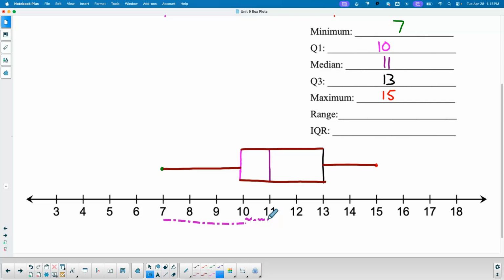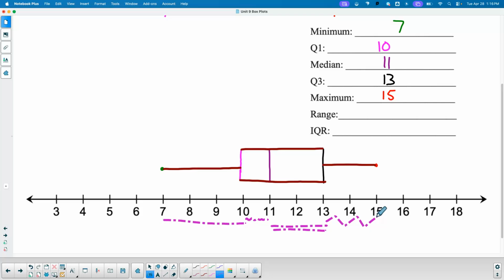Between 11 and 13 is the 3rd quarter of our data, and between 13 and 15 is our last quarter. We've taken our data and broken it up into 4 equal parts. Okay.